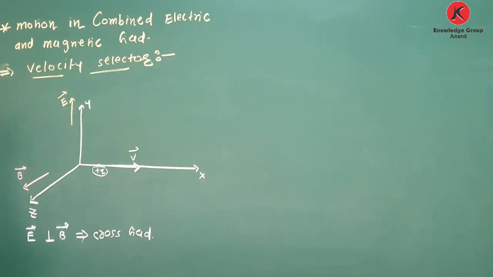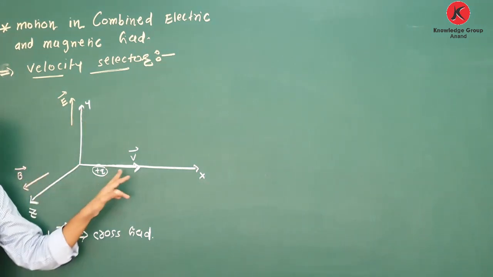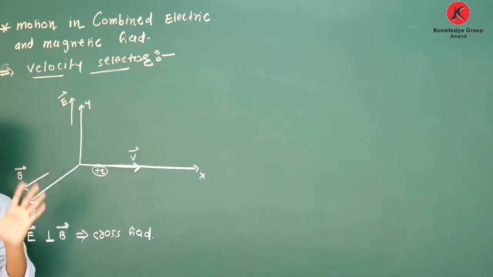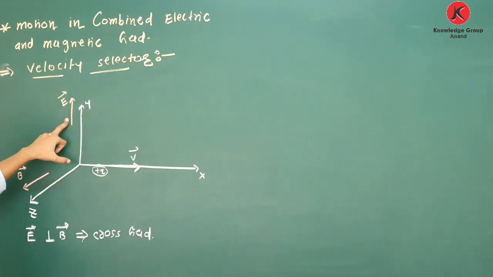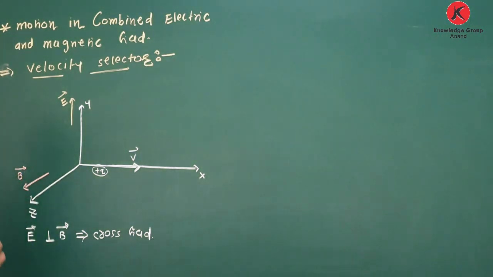Clear about this? Now see, we know that whenever a charge is moving in electric and magnetic field, force is acting due to both. That is, force due to the electric field and force due to the magnetic field. Okay, how? Now we will understand.